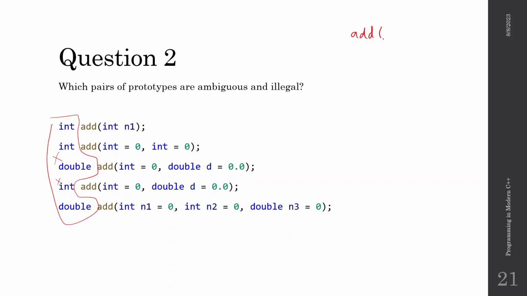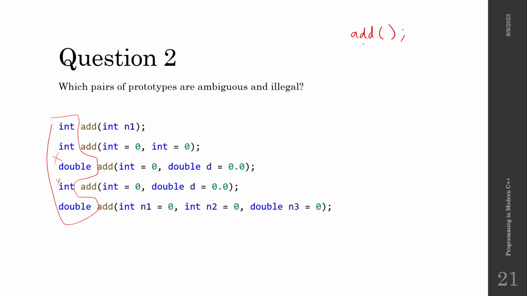First we'll call add without any arguments. Now there is one rule: the compiler will try to use a minimum number of assumptions.